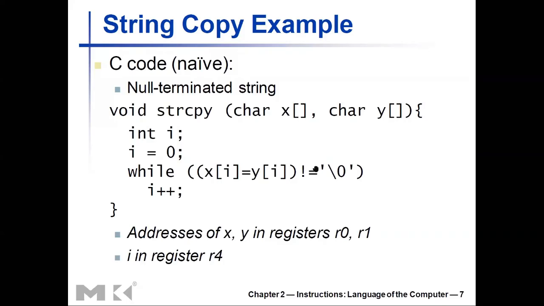We check whether yi is not equal to this one, and if it is not equal, we go for the next iteration and so on. If it is equal, then we exit from the loop and return from the function. Got it?